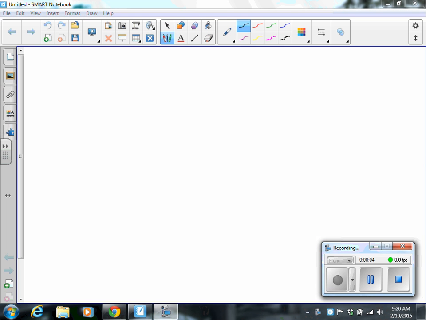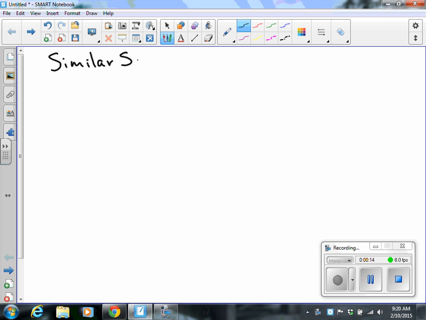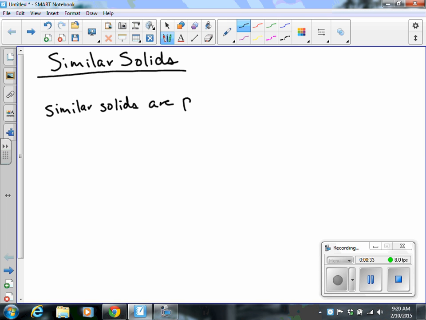Now that we've looked at prisms, cylinders, pyramids, spheres, and cones, we need to talk about similar solids. Similar solids are proportional to each other, kind of like similar shapes.